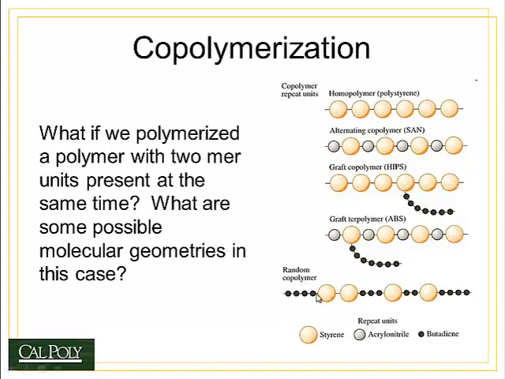Or you could have a random copolymer with butadiene coming off in the chain, and then styrene mers, and then butadiene, styrene, and so on. So the bottom line is that we can take the mers and merge them together into a polymer in many different ways in order to get different polymer properties.